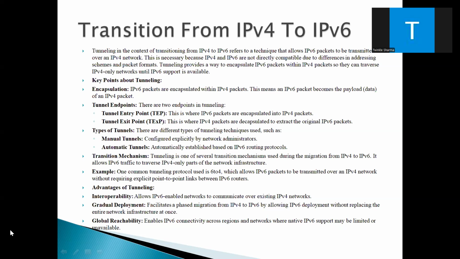The entry point is where IPv6 packets are encapsulated in an IPv4 packet. Encapsulated means it is covered by IPv4. And the exit point is where IPv4 packets are decapsulated to extract the original IPv6 packet. Decapsulated means the cover on the IPv6 packet will be removed.